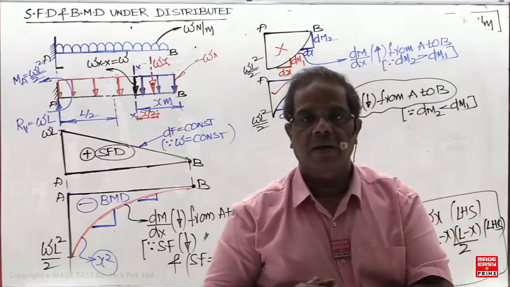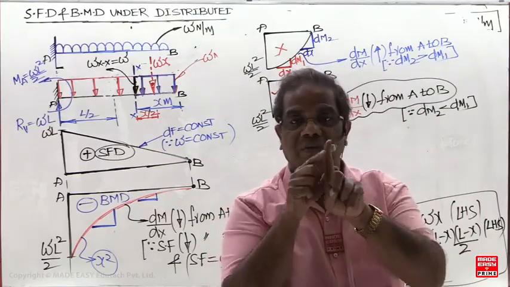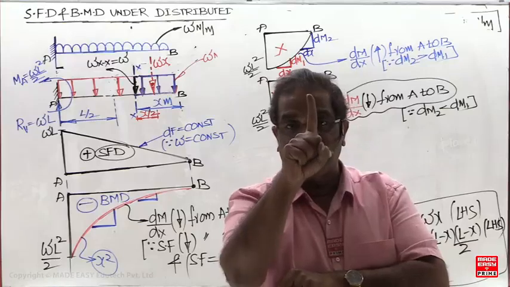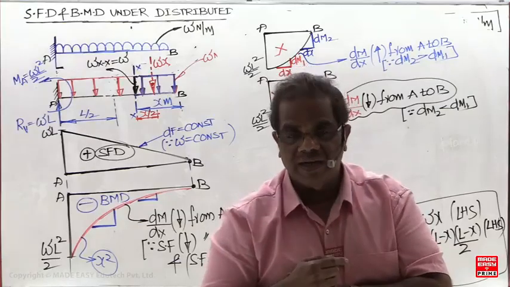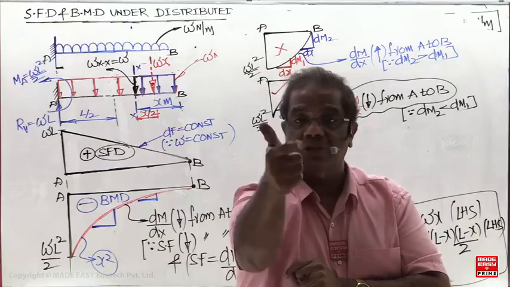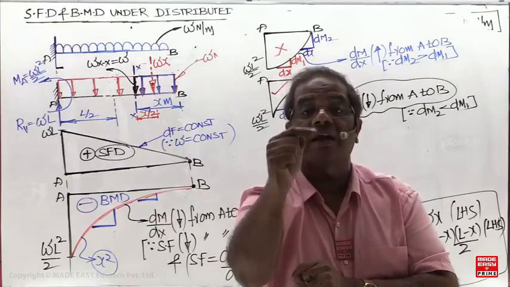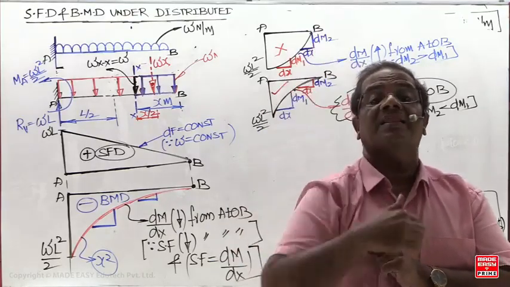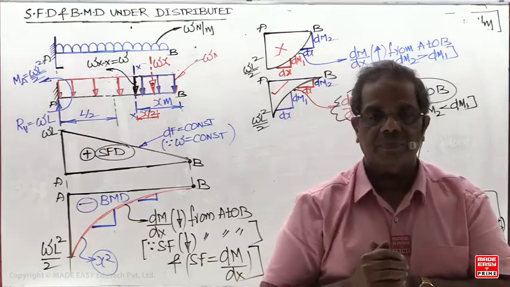So shear force variation is one order higher than load intensity, and bending moment variation is one order higher than shear force, which we already studied. Otherwise, two orders higher than load intensity.